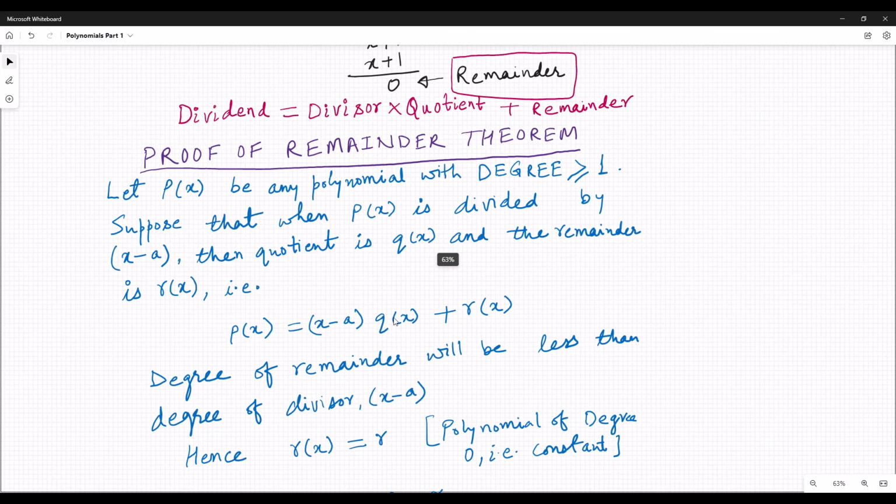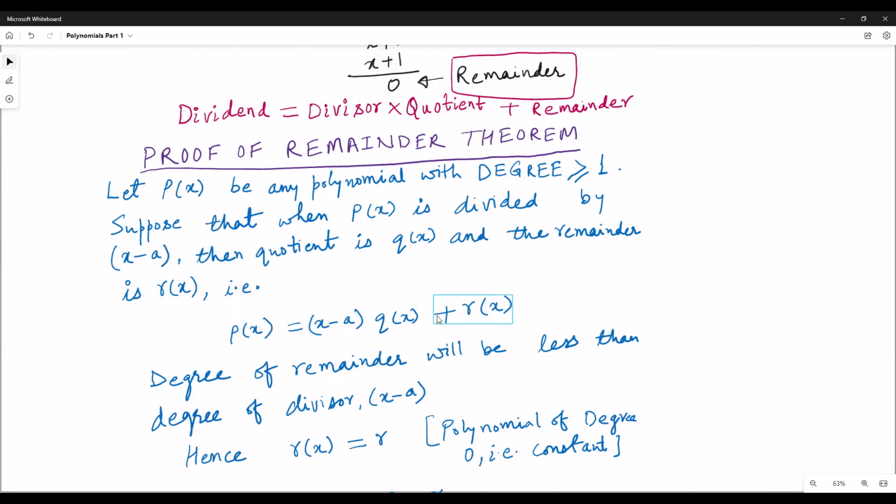Because we are dividing by x minus a, this r(x) will be a constant polynomial, because its degree has to be less than 1. If it is more than or equal to 1, then it will be further divided. We will understand it another way, but I have come just here.